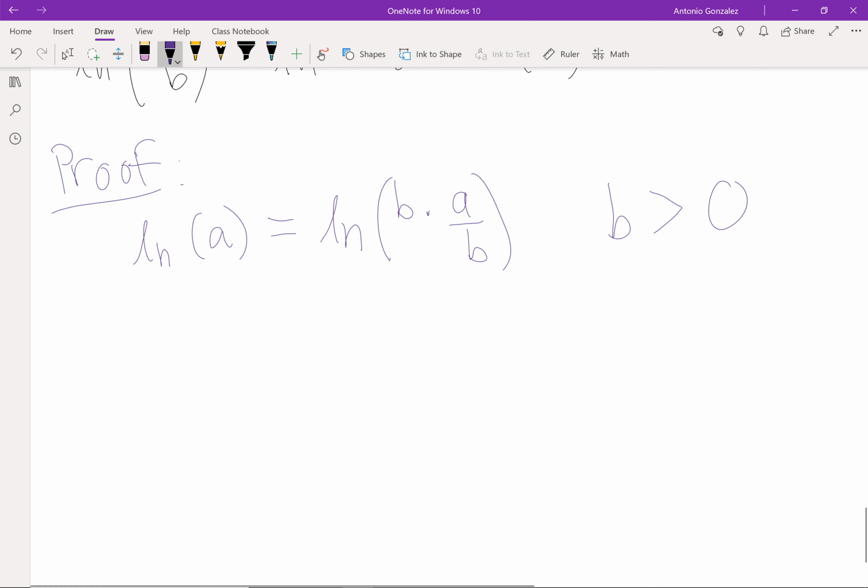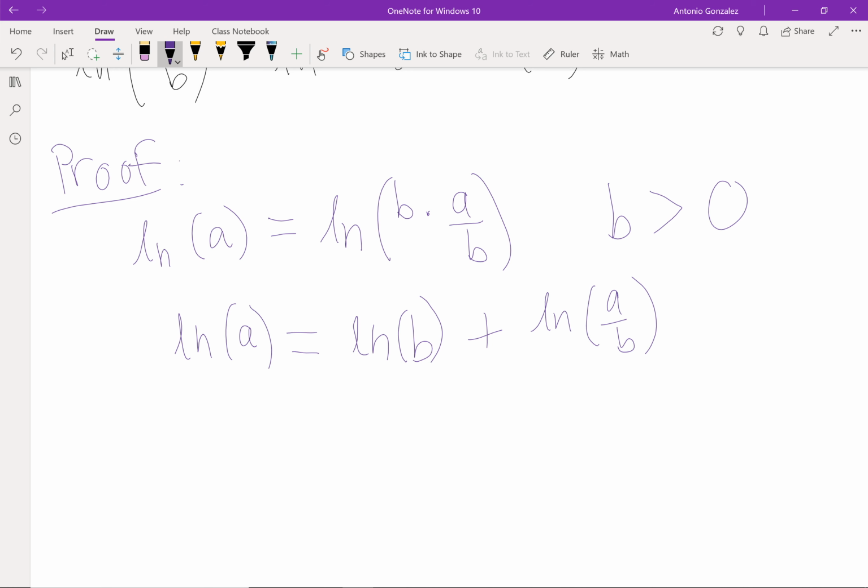The previous theorem told me that I can split a multiplication into addition. So this can be rewritten as natural log of b plus natural log of a over b. The left-hand side remains the same, and the reason for this was our previous theorem.